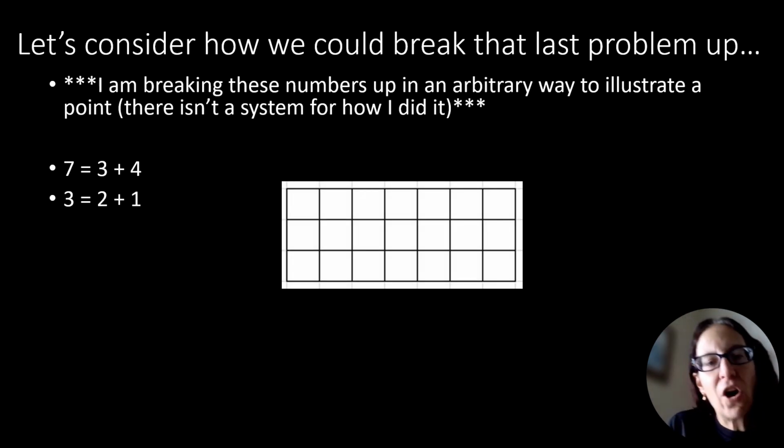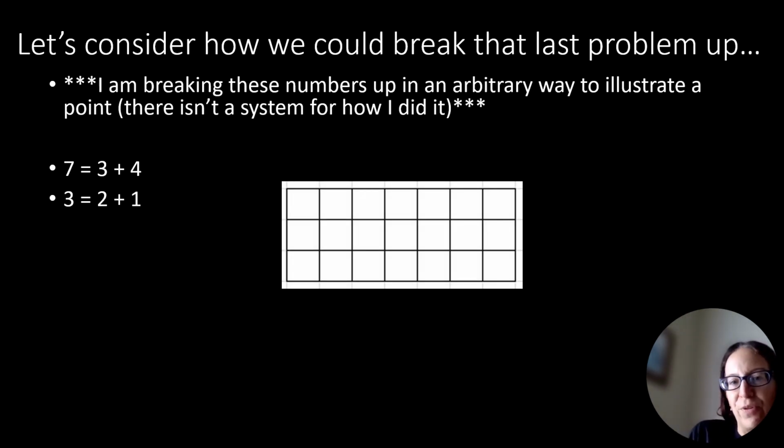So this is our 7 by 3 rectangle that we had before, except now we can see the breakdown of the squares. What I'm going to do is break this down into 3 plus 4, so I'm going to emphasize that line right there. And then 2 plus 1.